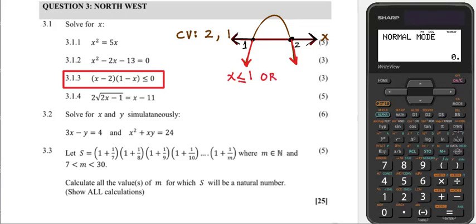Or x is, I look at that arrow, greater than 2, but since there was an equal sign, I include the equal sign. Those two become your solution. Those are your answers. I think so far so good.